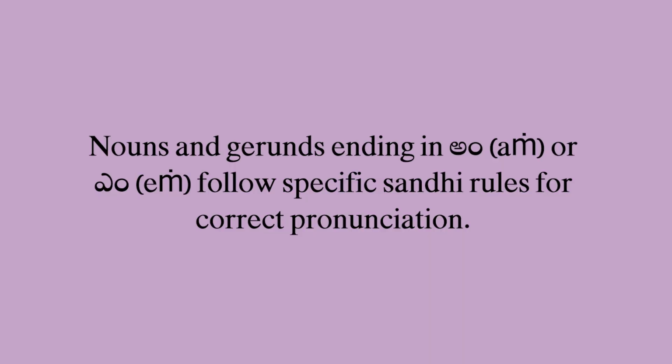Pronouns and demonstratives have irregular forms that must be memorized. Nouns and gerunds ending in u or m follow specific sandhi rules for correct pronunciation. The accusative is also used in permissive and causative constructions, enabling more complex sentences.